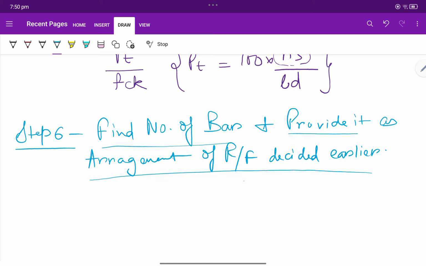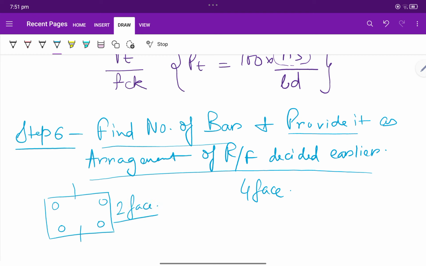Here also the 4 faces are covered. If earlier you have chosen 2 faces, means, see here, if this is the cross section of the column and you have provided it like this, means this face and this face, then you have to provide the number of bars on 2 faces only. So you cannot change it once decided earlier.